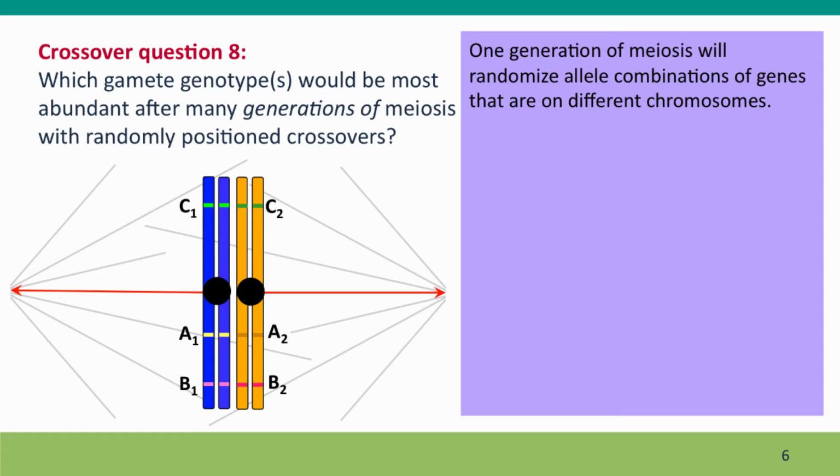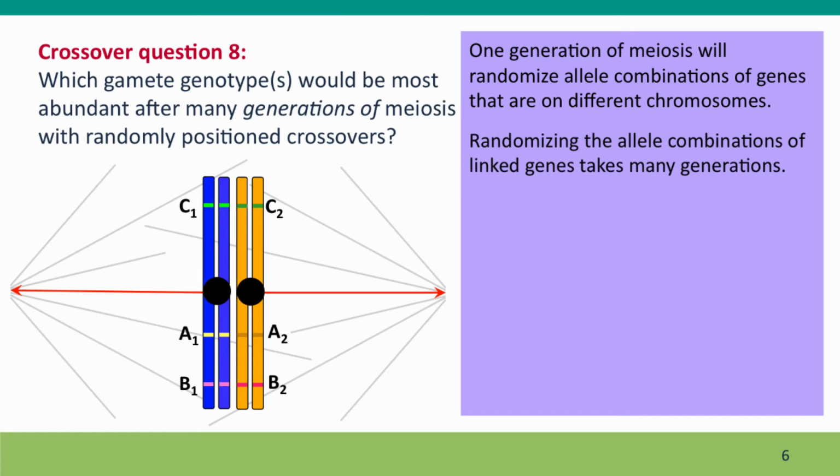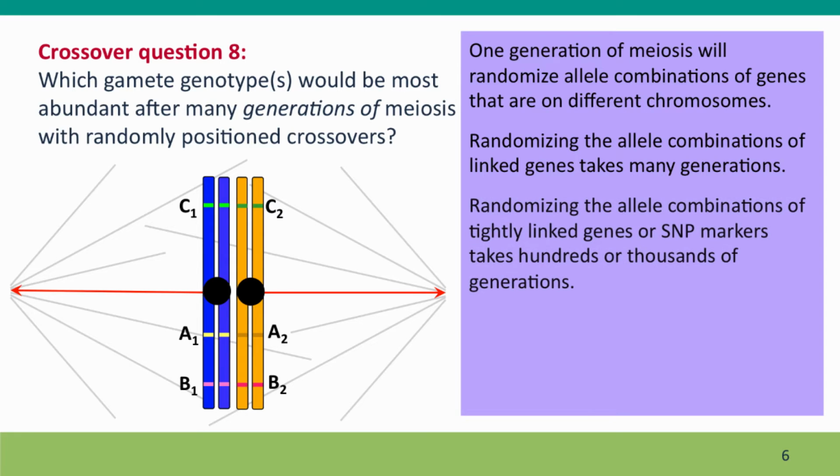Those are the kinds of events that we were looking at when we did genetics problems with genes on different chromosomes that didn't involve crossing over. If the alleles are linked, if the genes are on the same chromosome, it'll take many generations to randomize the combinations. How long depends on how close the genes we're thinking about are.